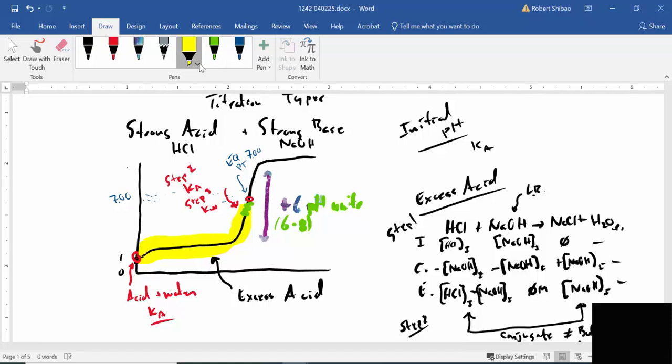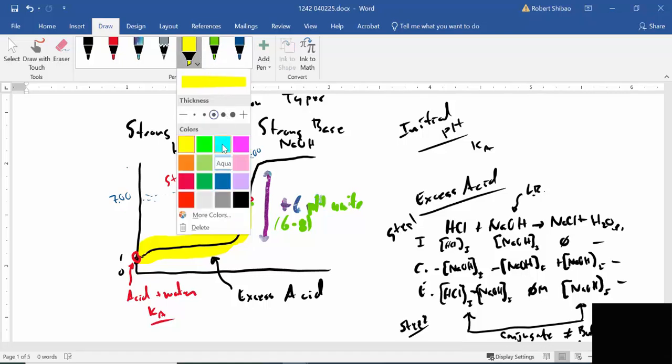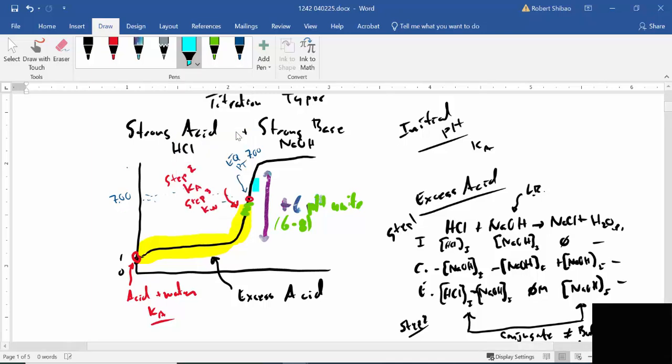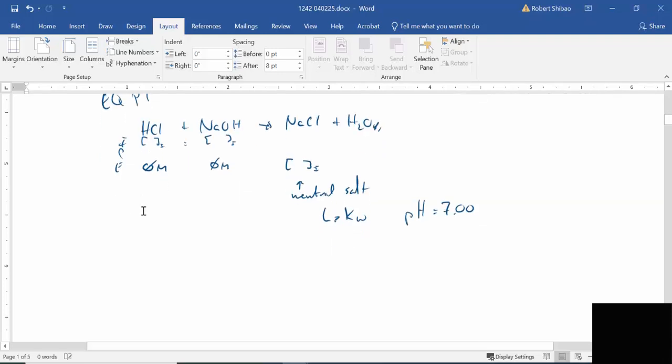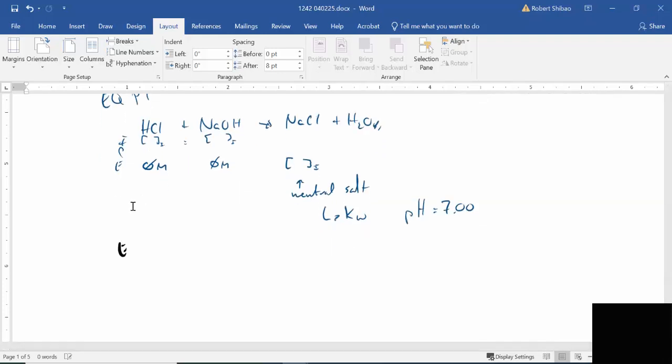Okay, after the equivalence point, we have excess base. This would be the excess base region here. So if we go to the excess base region, step 1 is going to be the same.